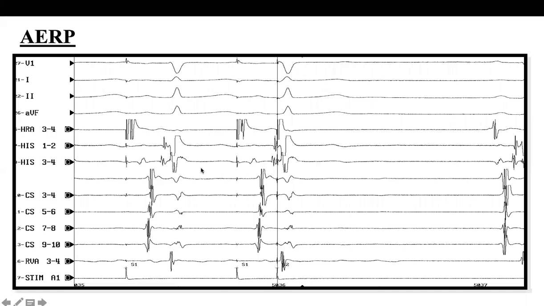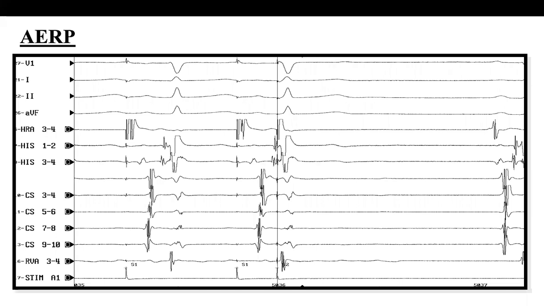So in this situation, we have this S1, S2. Now this S2, we shortened the S1, S2 here to assess the activity of the tissue beyond the pacing. Now the tissue beyond the pacing is the atrial tissue or the AV node.